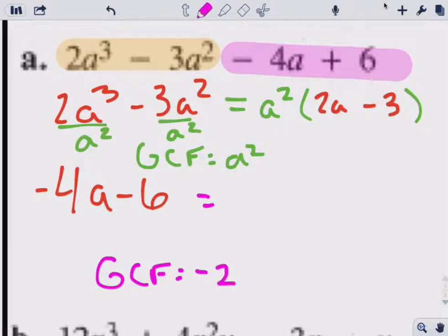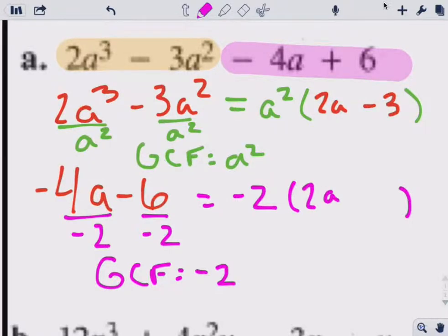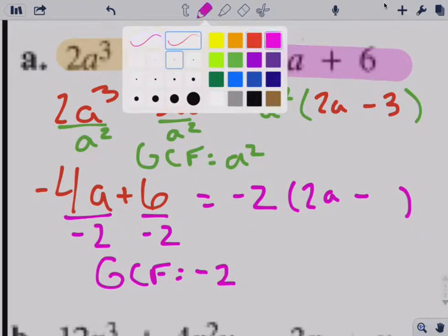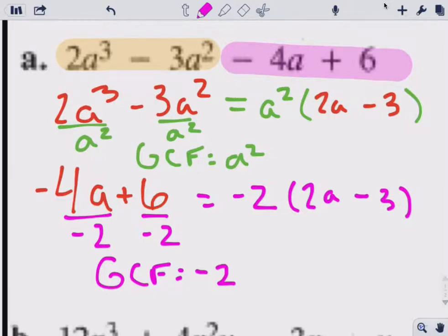So when I pull that out, I'm dividing both pieces by negative 2. So I get 2a plus, no, I copied this down wrong. That's a plus 6. 2a minus 3.